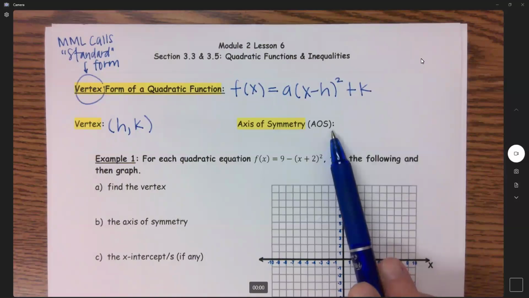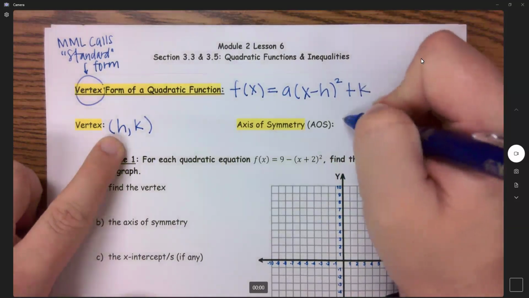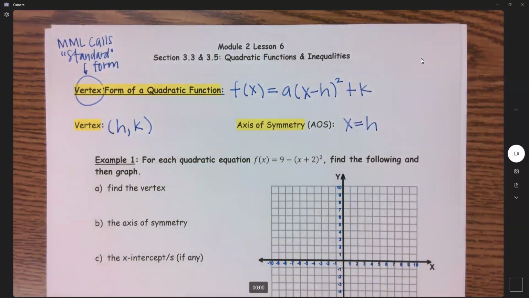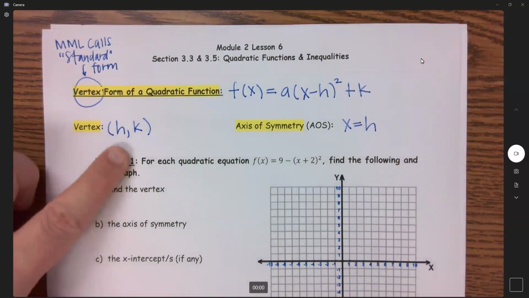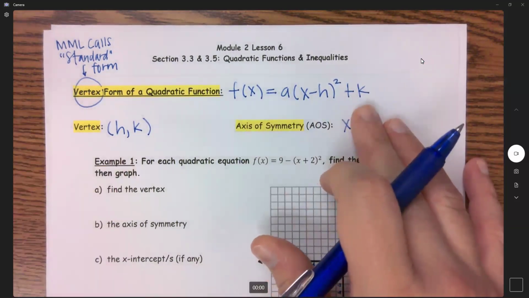So your axis of symmetry here is x equals your x coordinate. So x equals h. So why do we call this vertex form? Because it is nice and it gives me my vertex just by looking at this equation.